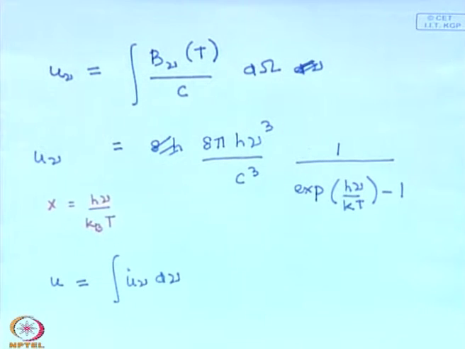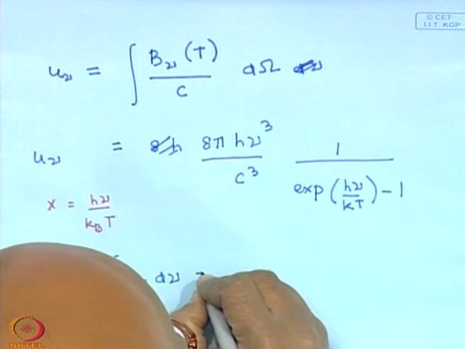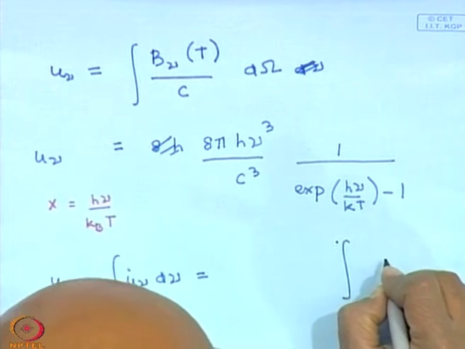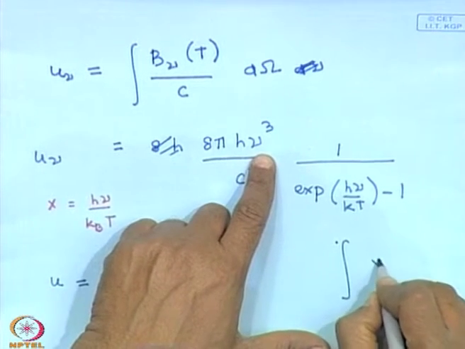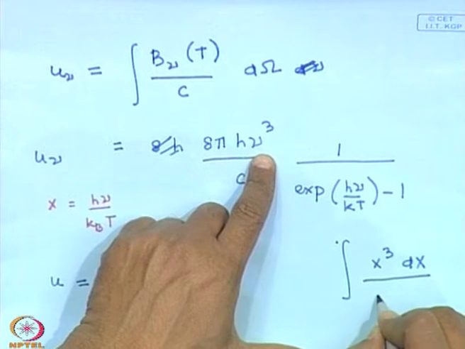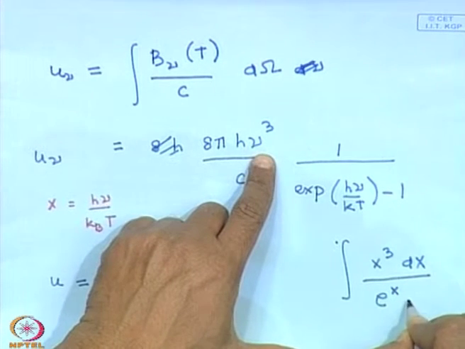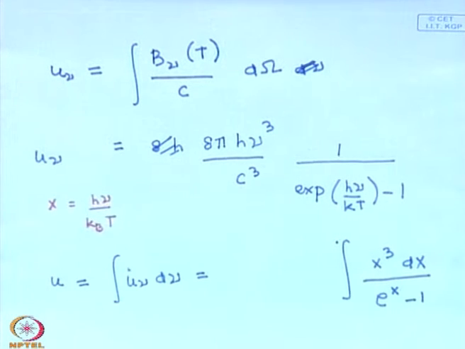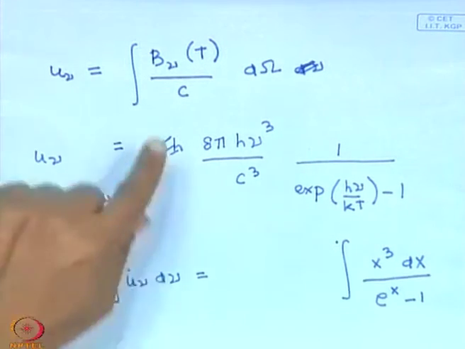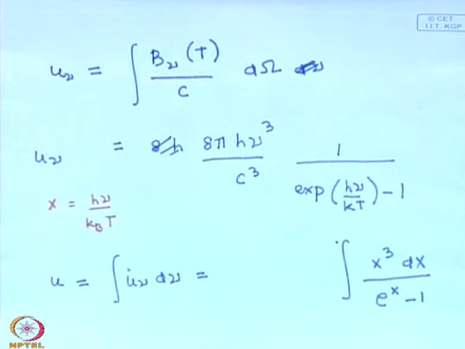if you do that, then this integral, the quantity that is integrated is x cube dx over e to the power x minus 1, right, that is what is to be integrated, and the rest are just constants outside. So, let me write down those constants.